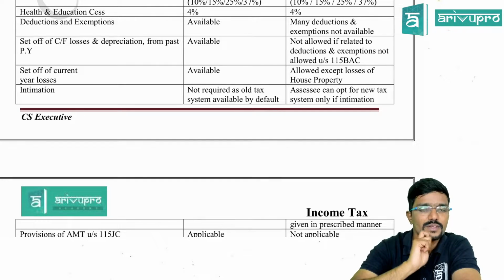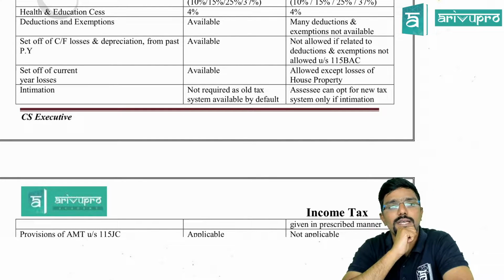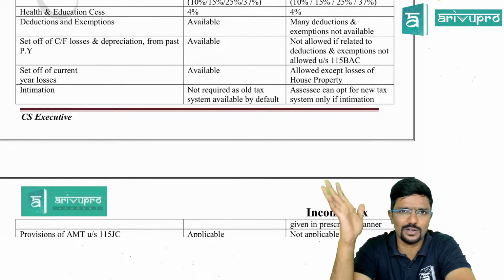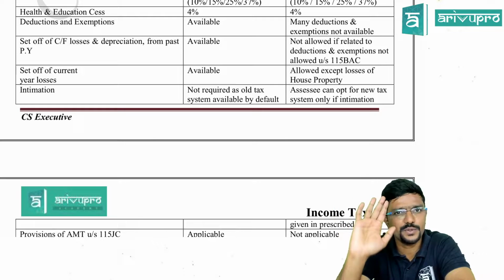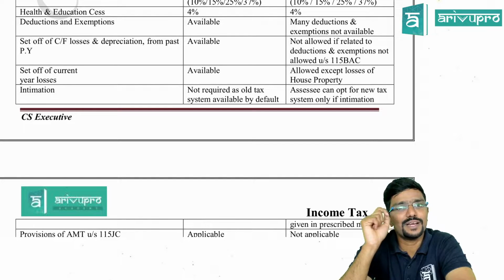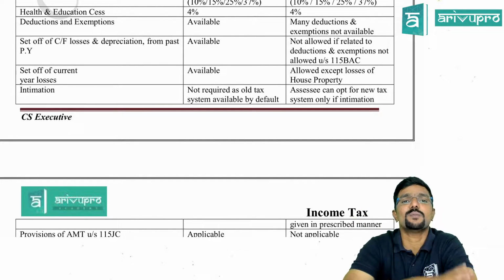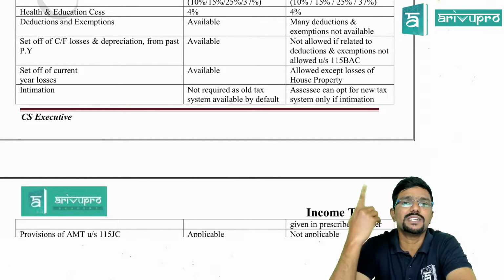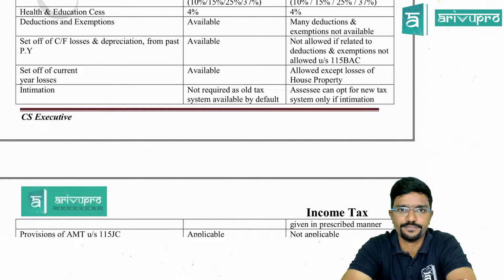I repeat, under the old scheme, if there is any current year house property loss, you can set it off against other heads also, like salary income and business income. But under the new scheme, you cannot do that. So house property loss can be adjusted only against house property income, because under the new scheme it is not allowed to be adjusted against other income.